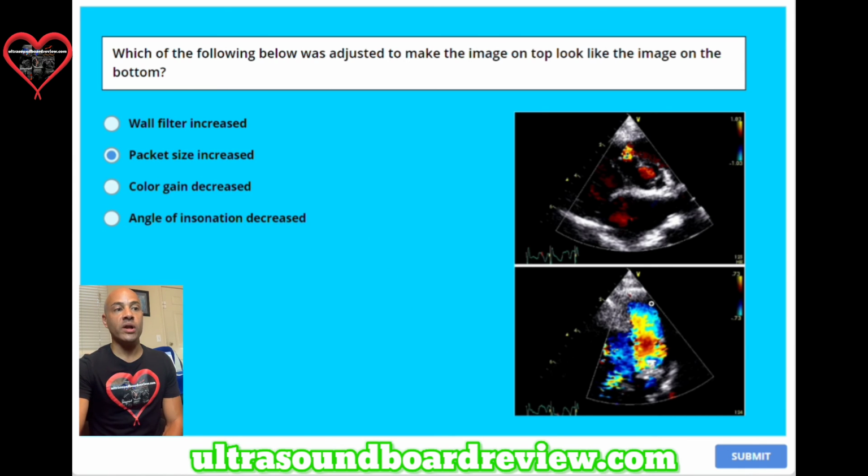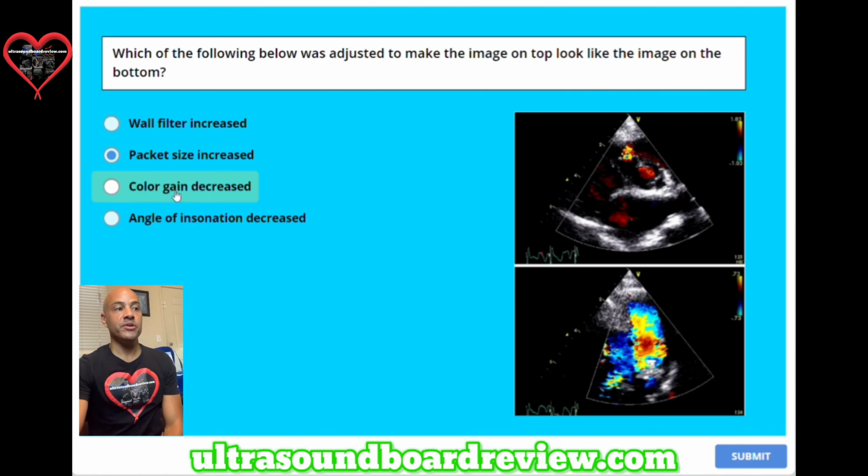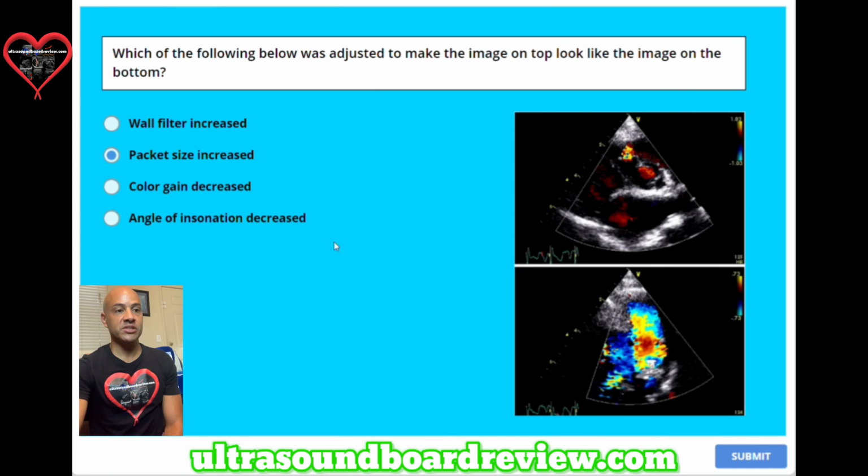The reason why you wouldn't want to increase your wall filter is because in this image, it would already be too high, demonstrated by the void of color. So you would decrease the wall filter to show this, or decrease your PRF. You don't want to increase your color gain because if you were to increase it enough to get just this part, the entire thing would be filled with color. And this one doesn't apply. And the angle of incidence wouldn't make the color Doppler this bad.